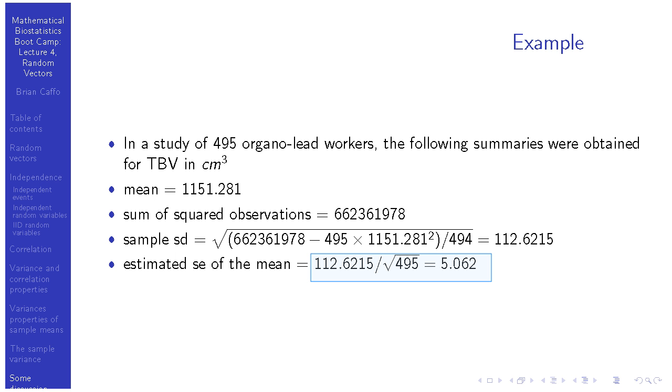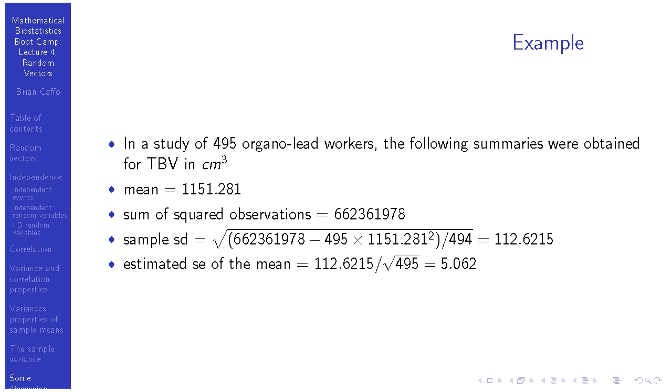If we're willing to model our 495 organo-lead workers as a draw from a population of organo-lead workers, then 5 estimates the variability of averages of 495 draws from that population. It talks about how variable averages of 495 brain volumes are. The 112 talks about how variable brain volumes are.